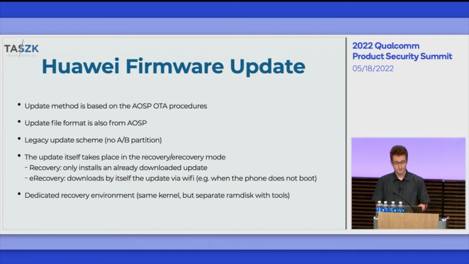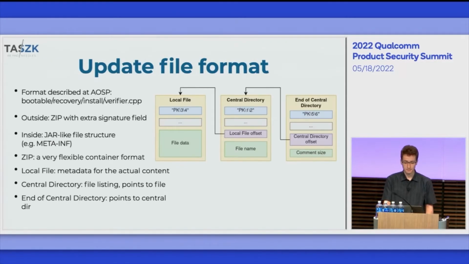It can download the update through Wi-Fi directly from the recovery. These recovery environments are very similar to the normal Android environments, except the RAM disk is different because of the different binaries it runs, but the kernel is absolutely the same.